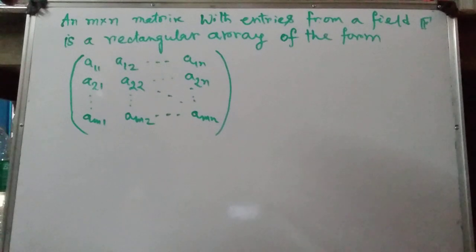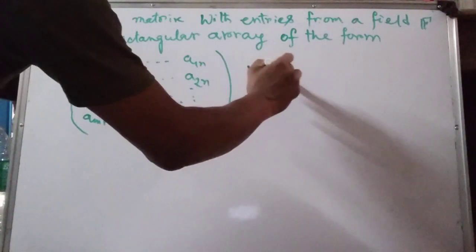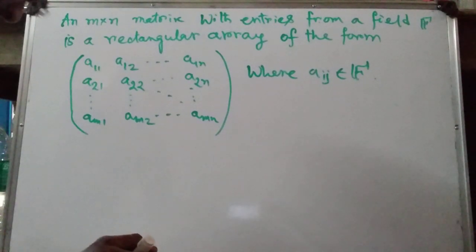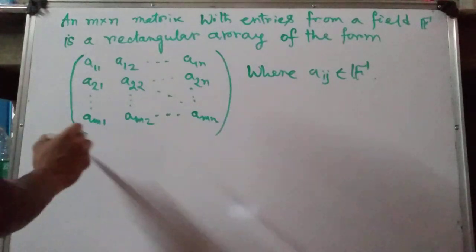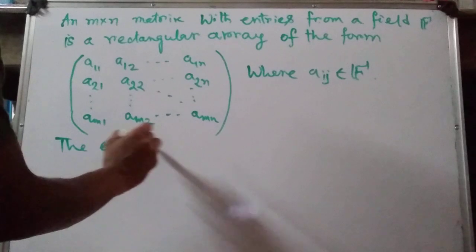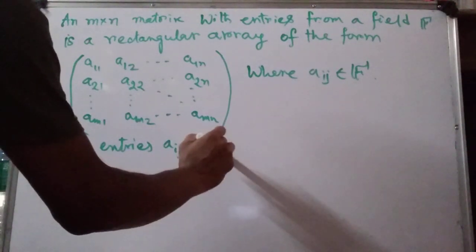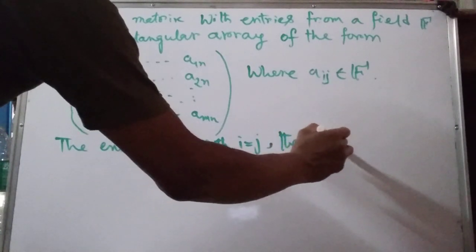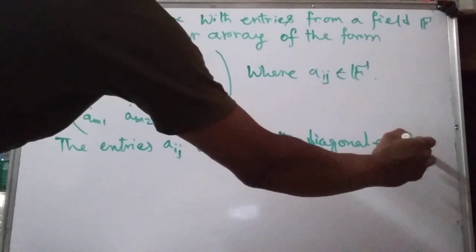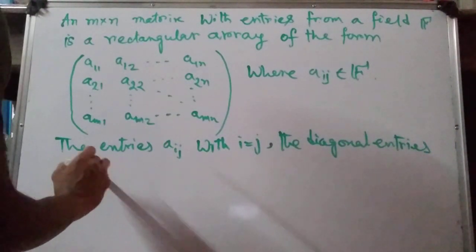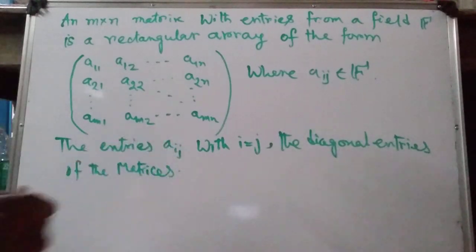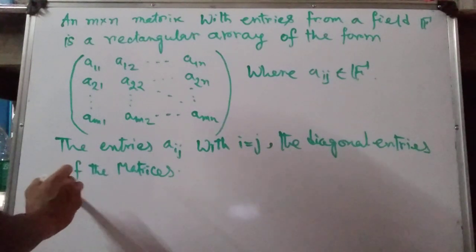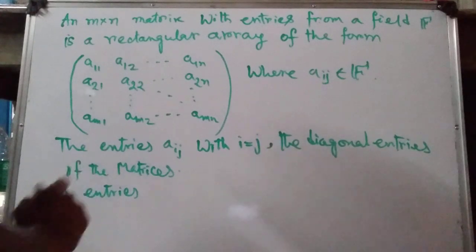Here each entry aij is an element of F, where aij belongs to F. The entries aij with i equal to j are the diagonal entries of the matrix.